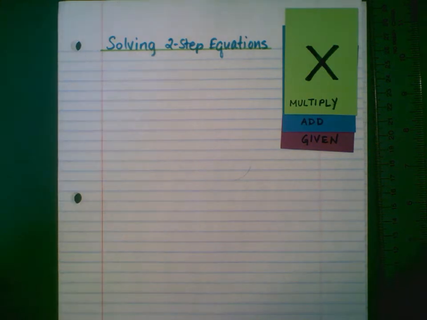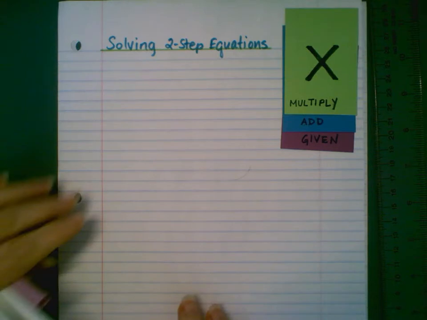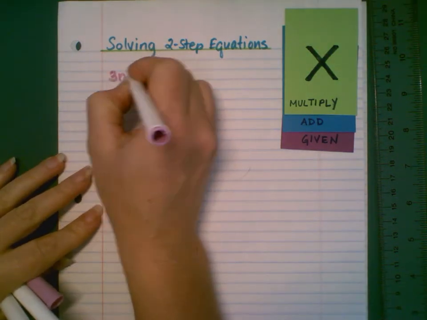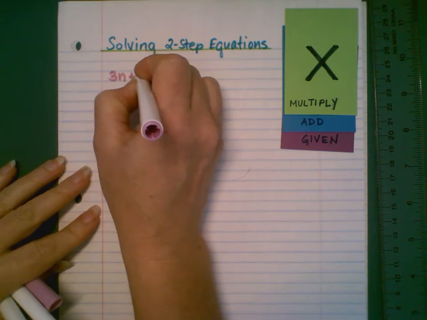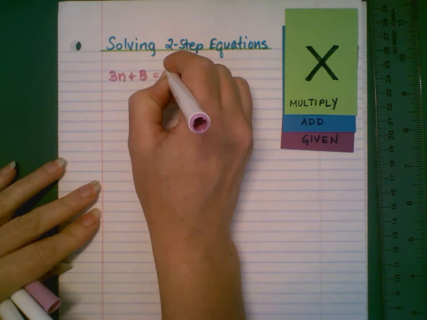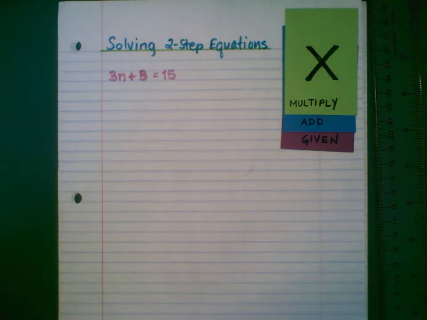So let's do a couple of examples here. We're going to start with an equation in which the unknown has had both an addition and a multiplication done to it.